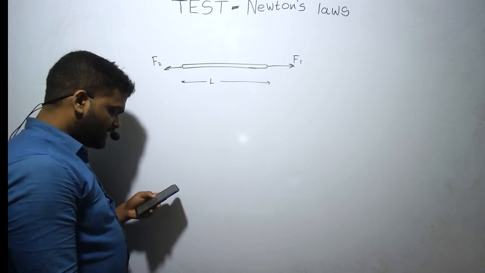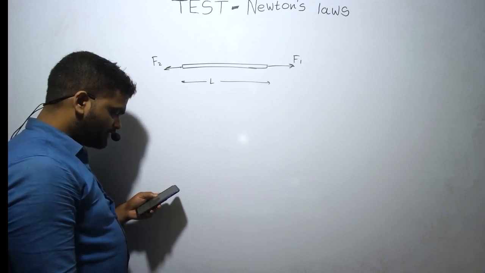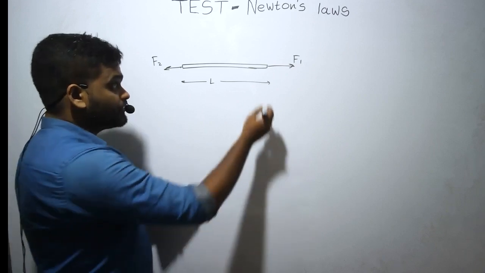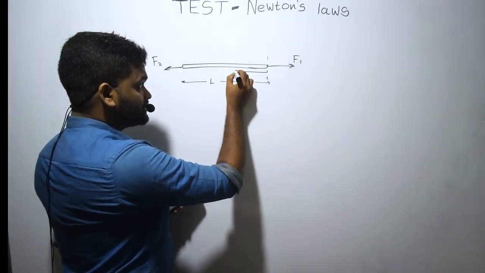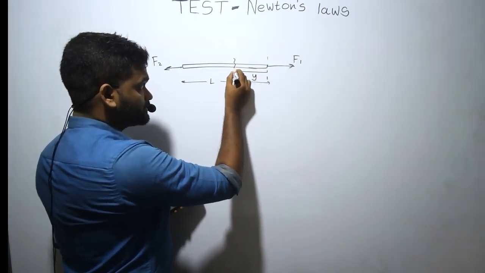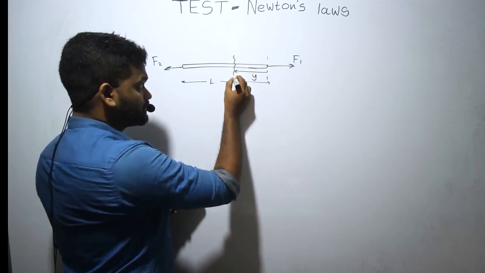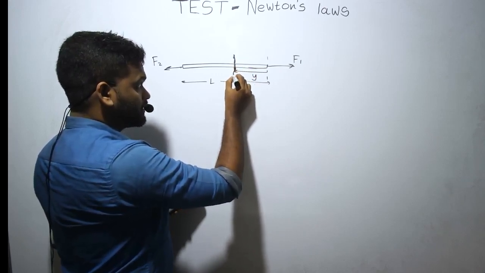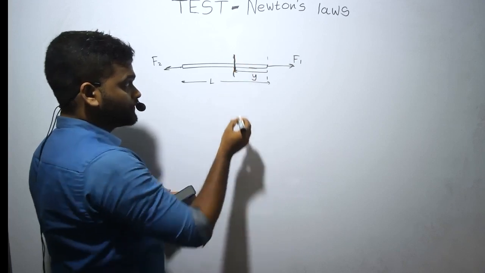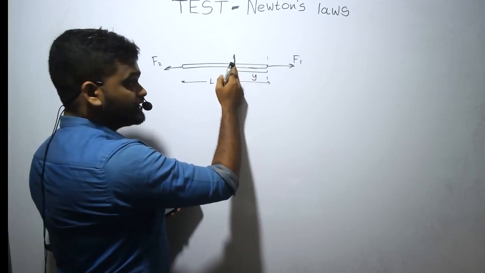Tension at a distance y from the end that F1 force is applied is. So F1 force is here. So they are asking tension, let's say y somewhere here. They are asking about tension at this point.